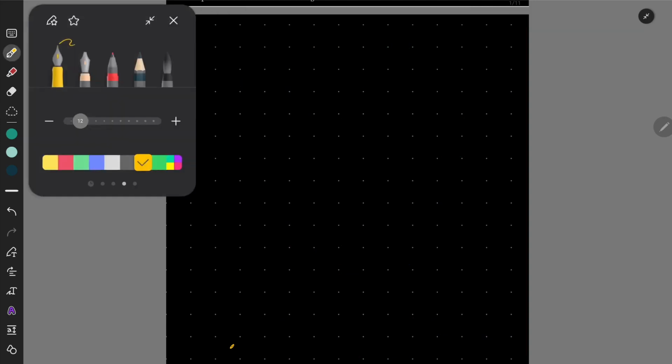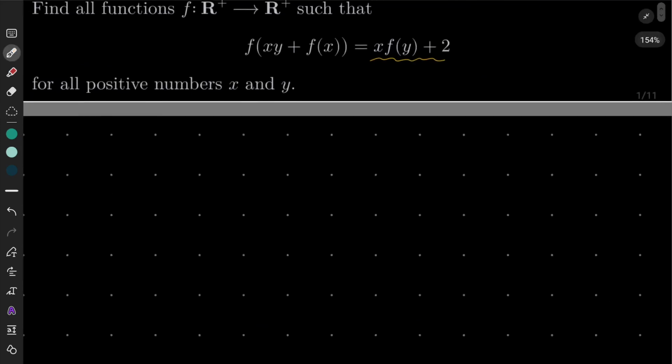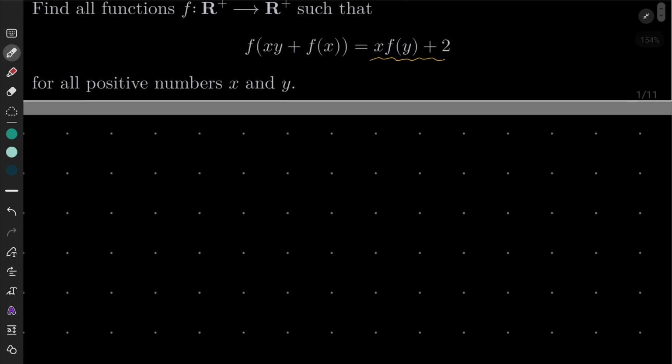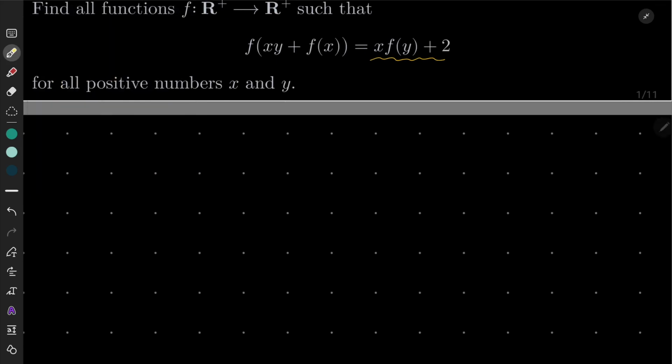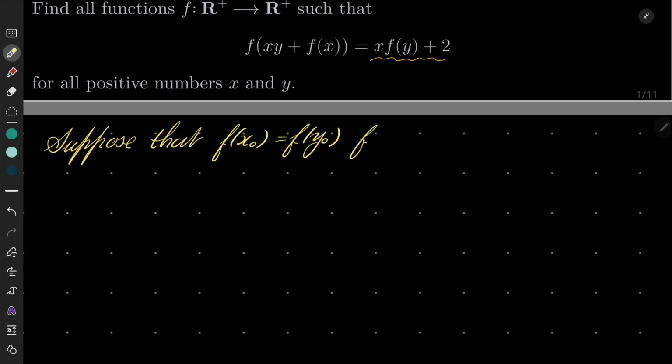Okay, so first of all, as I suggested, let's establish injectivity. So let's suppose that f of x0 equals f of y0 for some x0 and y0, which are positive numbers.